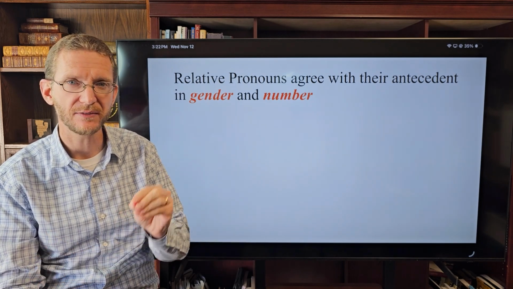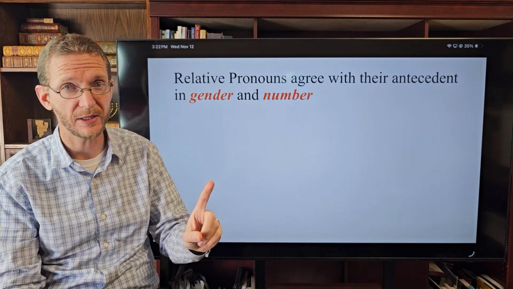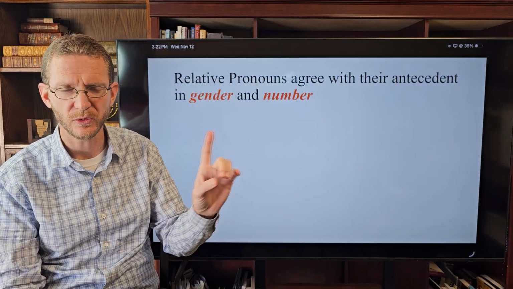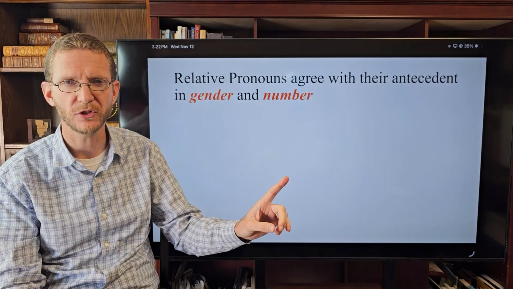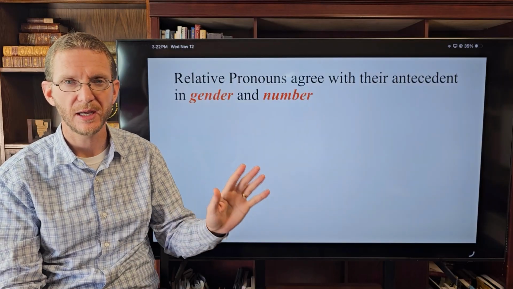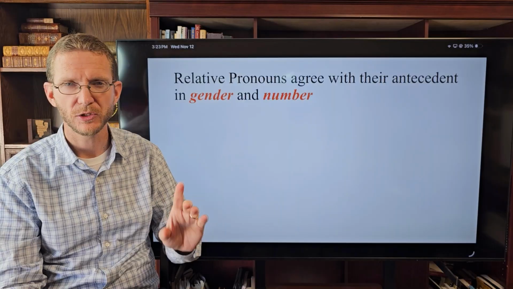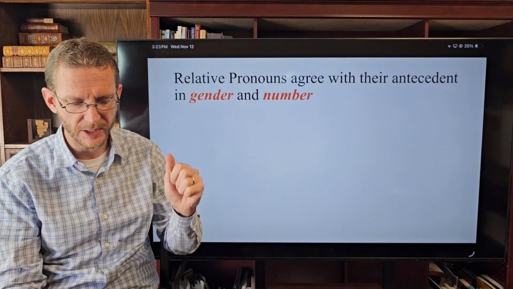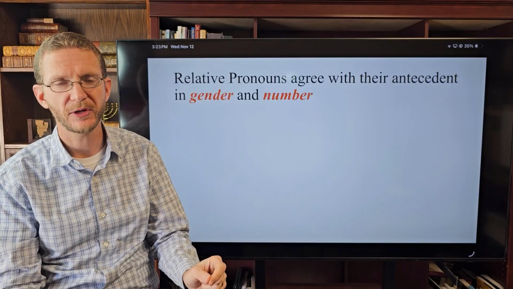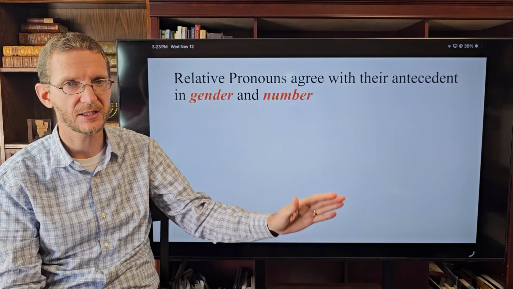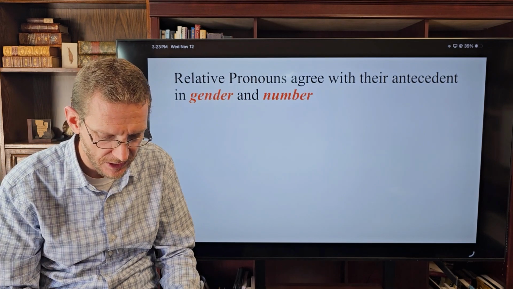The case of the relative pronoun will not be determined by its antecedent, except in one case, which we'll learn in the future. It's called attraction, when something happens to make them of the same case. But no, that's not the rule. The rule is that the relative pronoun gets its case from somewhere else, not its antecedent. Okay, let's illustrate this a little bit.